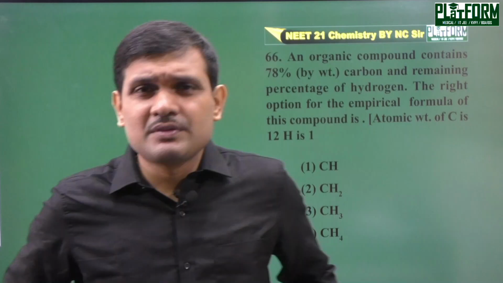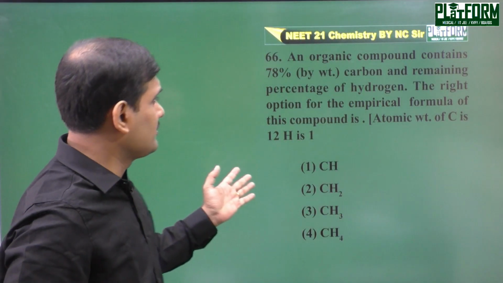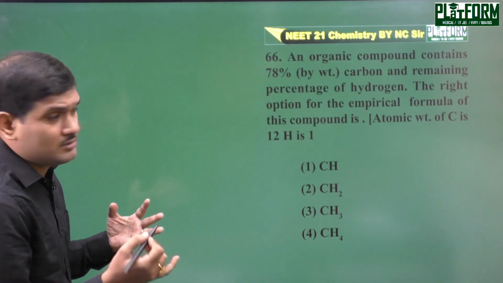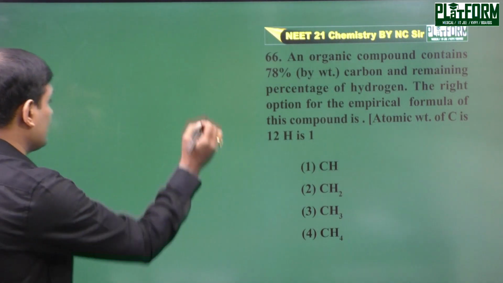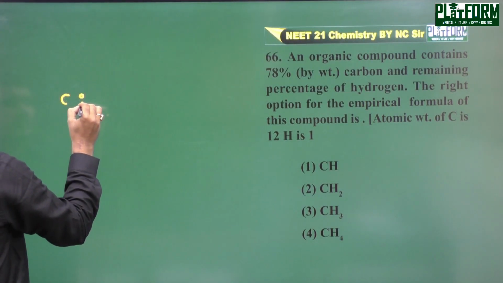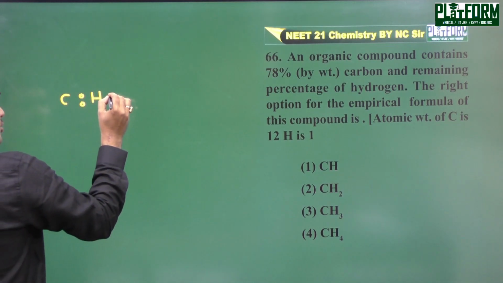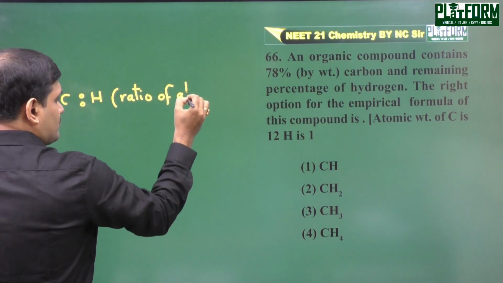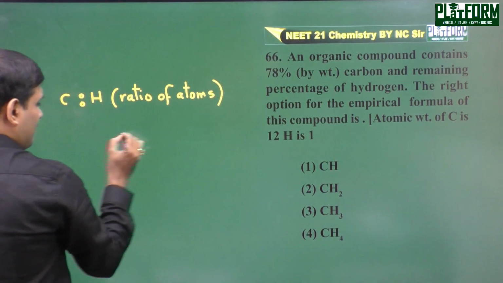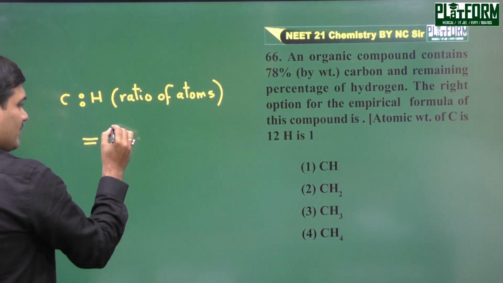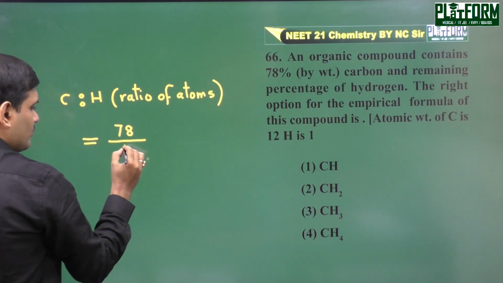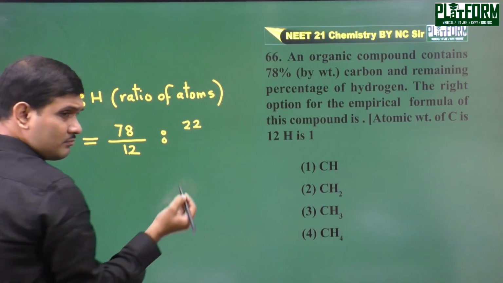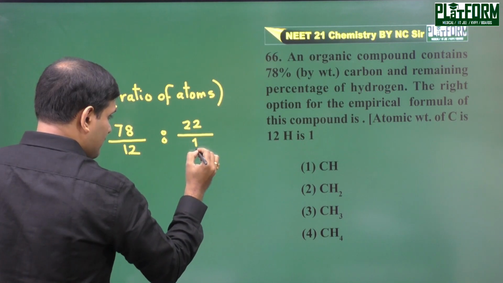Now, a question from basic chemistry, empirical formula, is asked. It is a very simple question. An organic compound contains 78% carbon. That means the rest, 22%, is hydrogen. So directly I can make the ratio of atoms, carbon to hydrogen. We write 78% carbon divided by 12, the atomic mass of carbon, to 22% hydrogen divided by 1, the atomic mass.